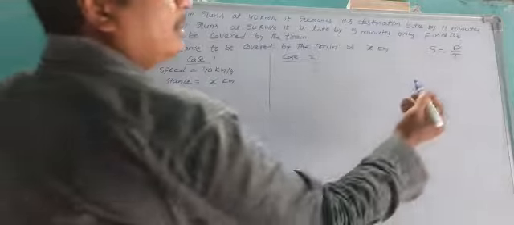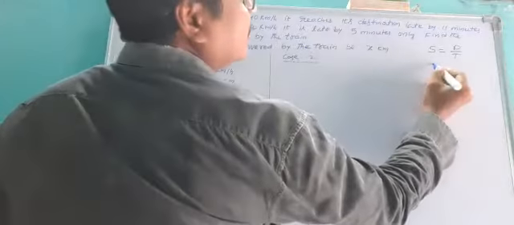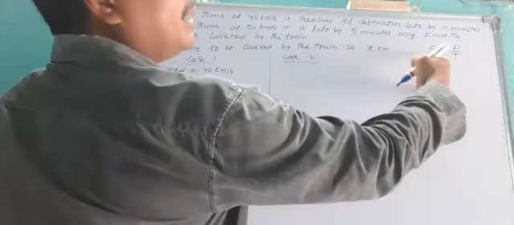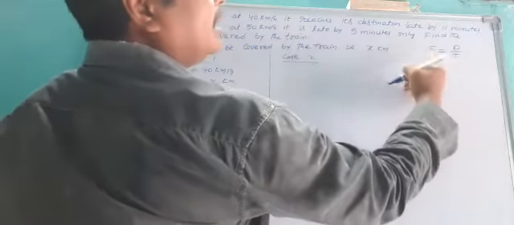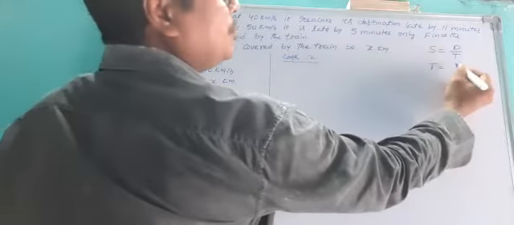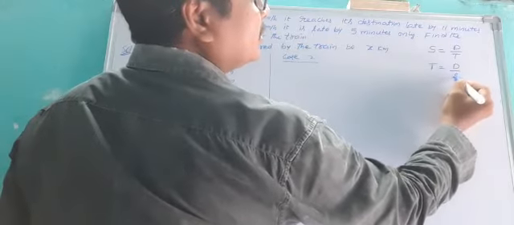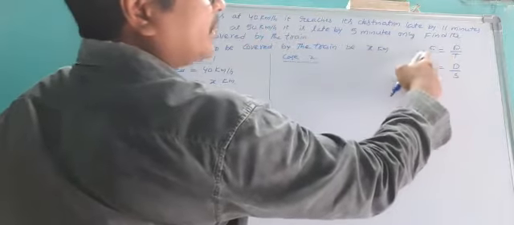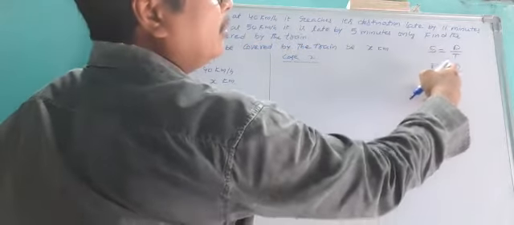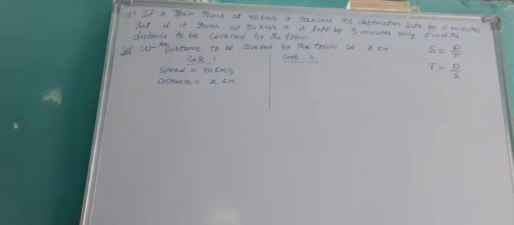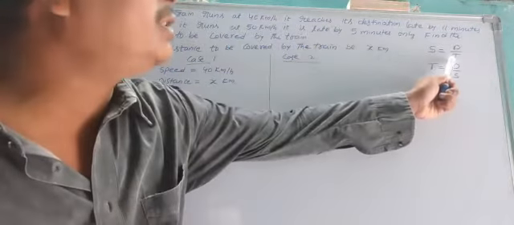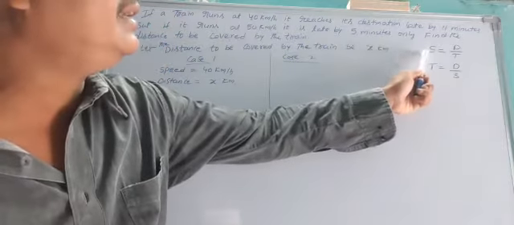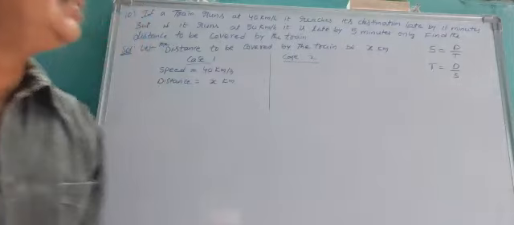Now we have to find out the time. With the help of this equation, you have to find the time. Speed equal to distance by time, so by cross multiplication, after transposition of t, t equal to distance by speed.